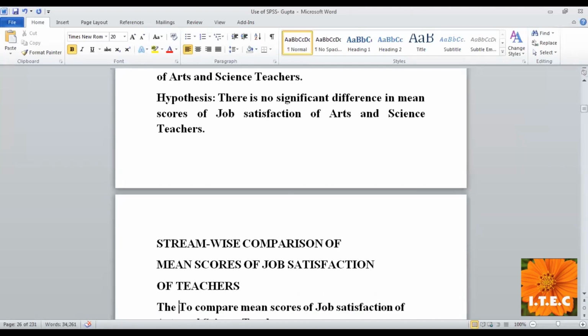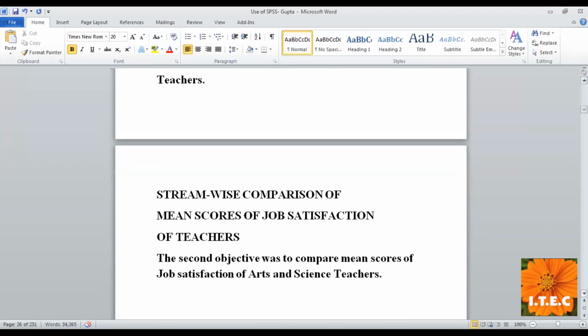Then I say, the second objective was to compare mean scores of job satisfaction of arts and science college teachers.